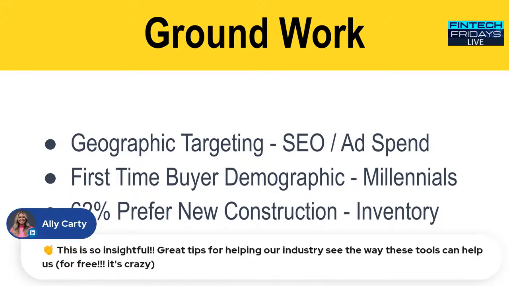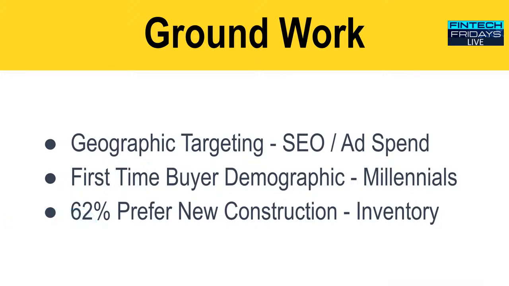So in our groundwork, we identified our geographic targeting. This is going to be for SEO, so we're going to use the keywords for the geographic targets. We're going to mention the county names, and we're going to mention Tri-County area or Four Corners area or Front Range area.